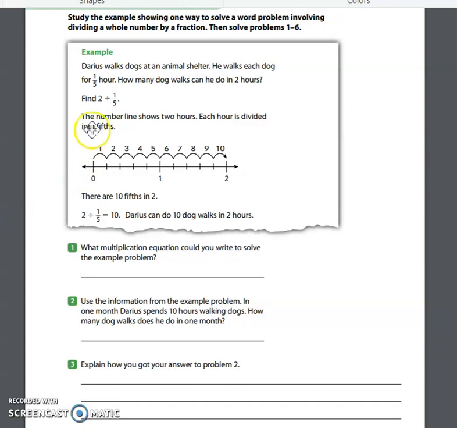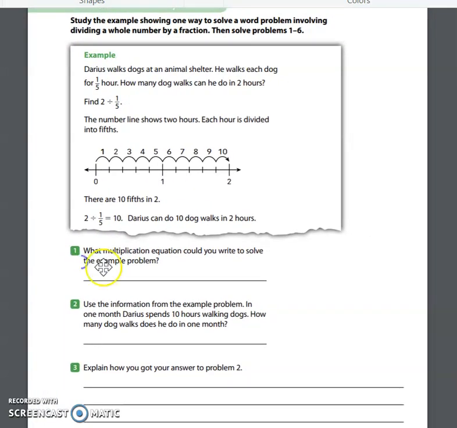So first, if we already have 2 being divided by 1/5, remember we keep our first digit the same, which is our 2. We change our division to a multiplication, and we get the reciprocal of our next number or fraction, which is 1/5. The reciprocal of 1/5 would be 5/1, which is the same as 5. We know 2 times 5 would be 10.